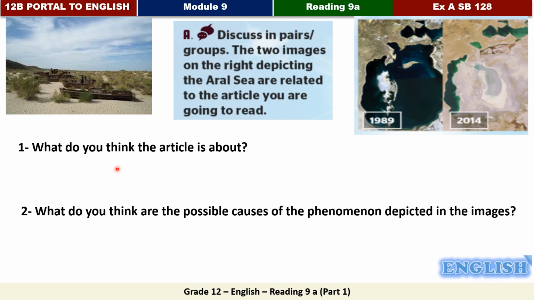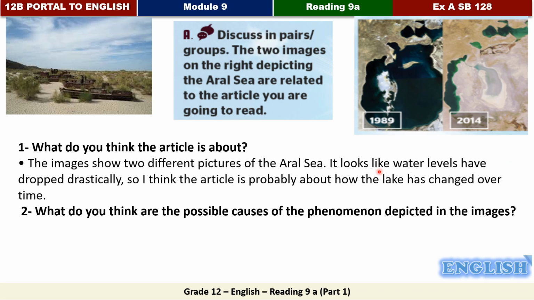Let's try to answer these 2 questions. What do you think the article is about? And question number 2, what do you think are the possible causes of the phenomenon depicted in the images? Think for some time, and then we see the answers together.